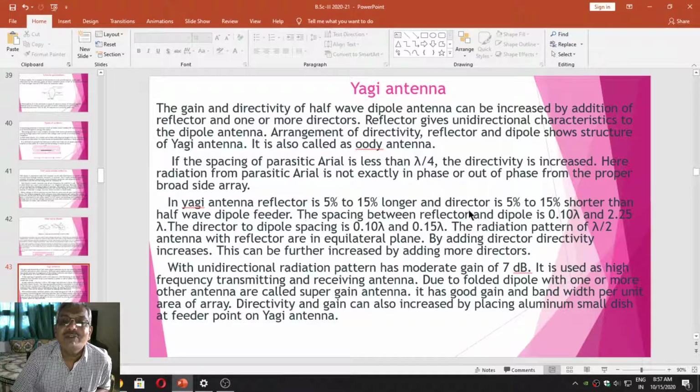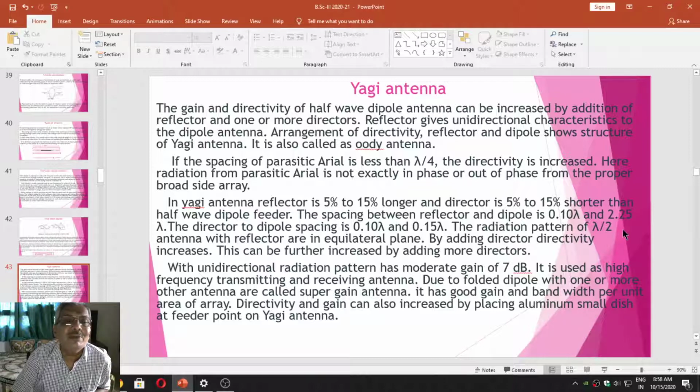The spacing between reflector and dipole is 0.10 times lambda to 0.25 times lambda. Obviously, lambda is the wavelength of the wave transmitted from the transmitter in space or received from space. The director to dipole spacing is 0.10 times lambda to 0.15 times lambda.